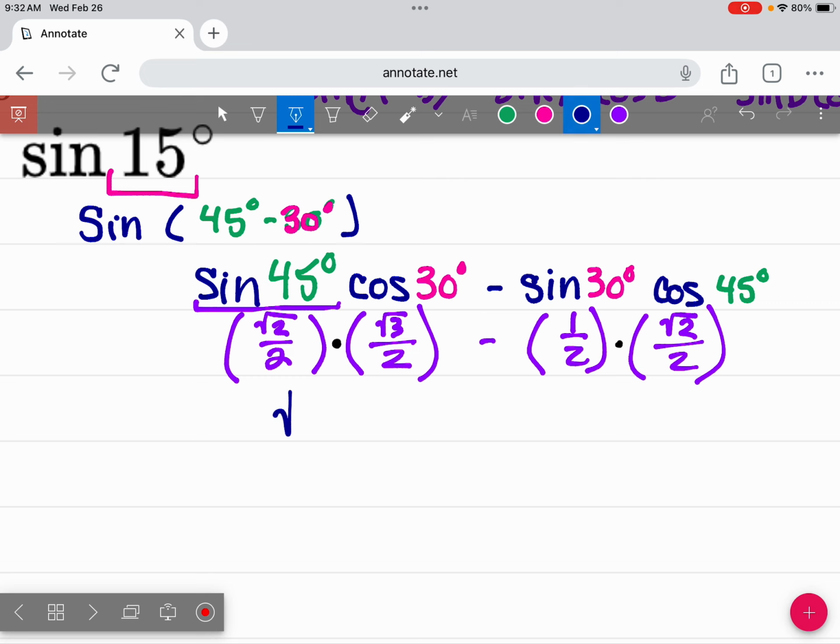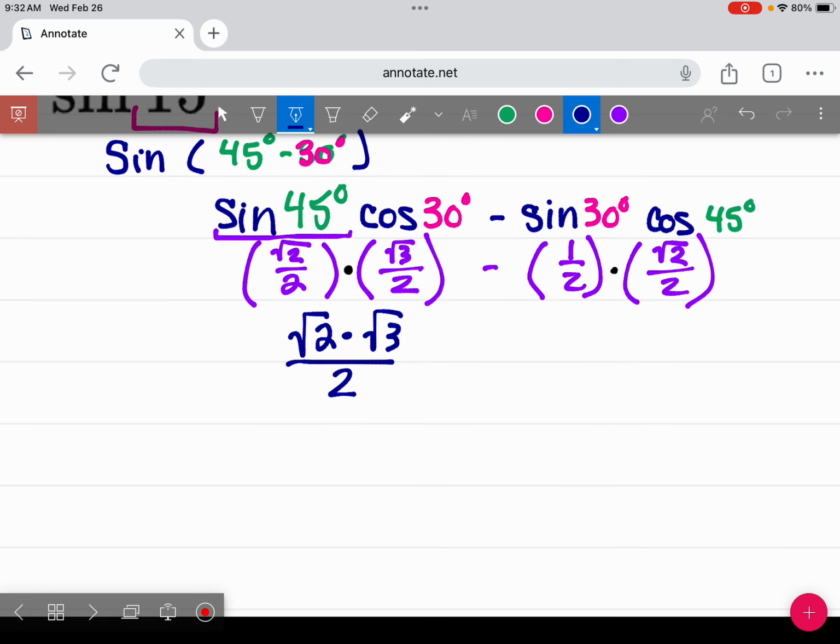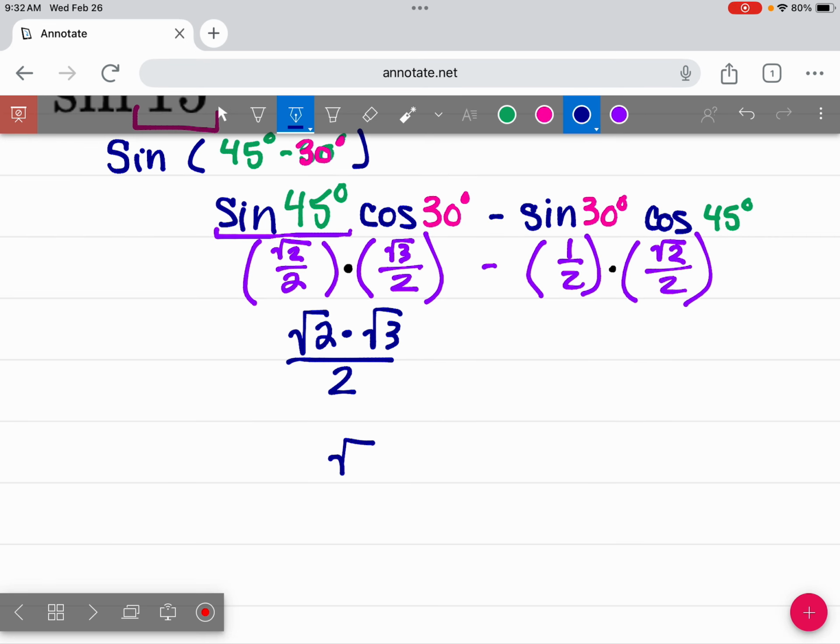If I take my root 2 times root 3 over 2, what is that going to turn into? Not root 2 over root 3. Root 6. When it's multiplying, I can combine them together. Root 2 times root 3 is the same thing as root 6 over 2 times 3.